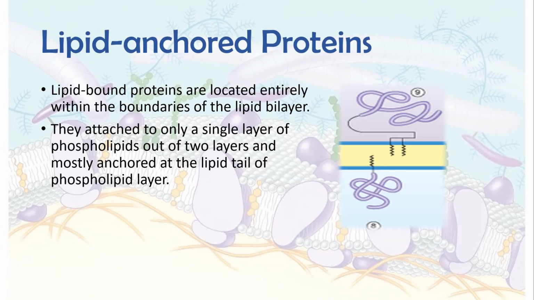Next. There are some proteins associated with the cell membrane having interactions only with the lipid tail, either of the inner or the outer layer of the lipid bilayer. You can see in this picture, there are two lipid anchored proteins, the first one is this and the second one is this. These are lipid anchored proteins because they are anchored to the lipid tail of the cell membrane.